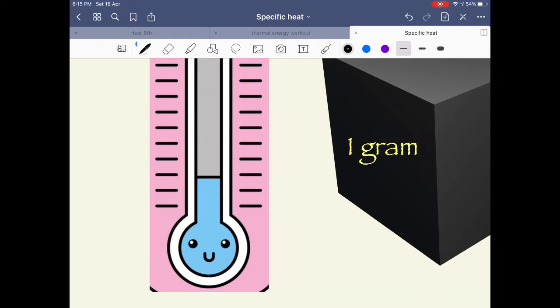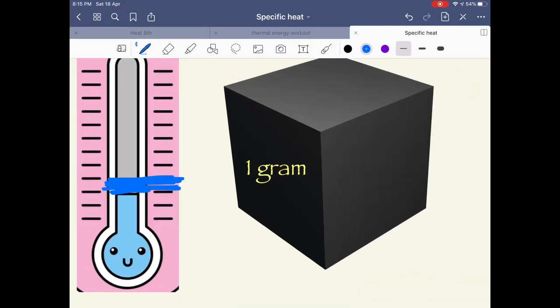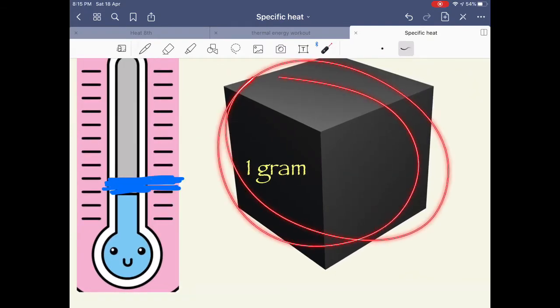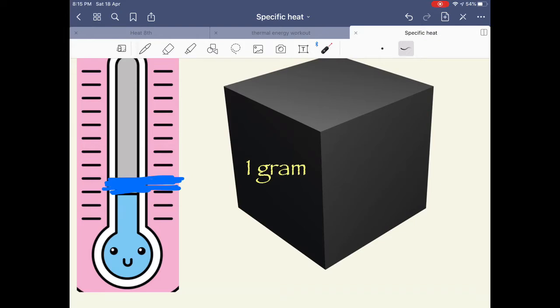In this case, it would be from here to here, 1 degree Celsius, 1 gram of any substance, you name it. It can be, I don't know, mercury or whatever, but each 1 gram has its own specific heat.